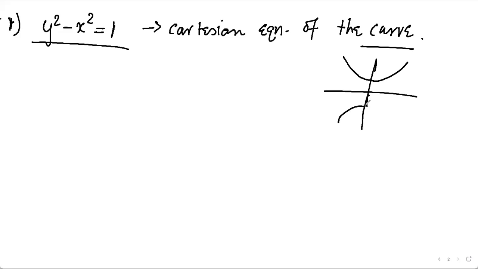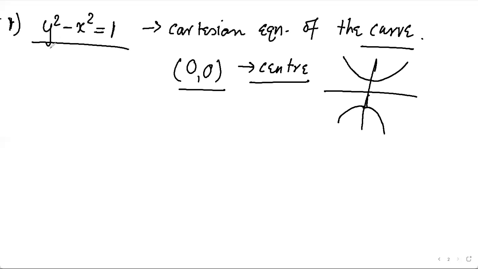It's a vertical hyperbola, centered at 0, 0. All right. So we need to find a parametric equation which describes this level curve as we defined in the previous lecture. You can notice it is of the form f x y equals a constant c.